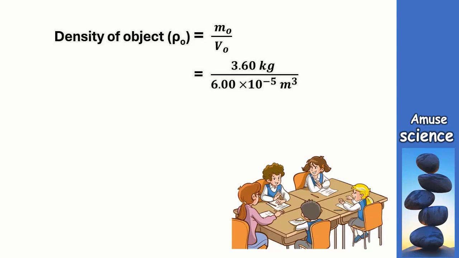When we compute this using our calculators, we are going to get 6.00 times 10 exponent positive 4 kilograms per cubic meter. So this is the density of the object, and we already know that the fraction of the volume of the object immersed in the liquid is 4/5.